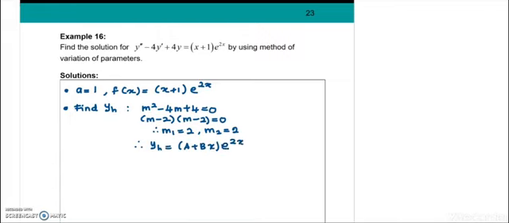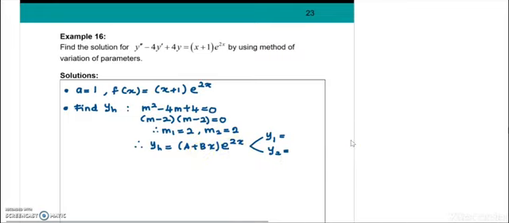Based on this y_h, we should be able to write our y1 and y2. If we expand this expression, we have a e^(2x) plus bx e^(2x).